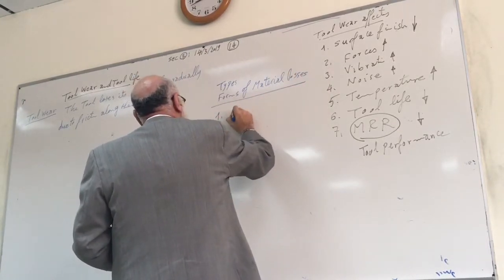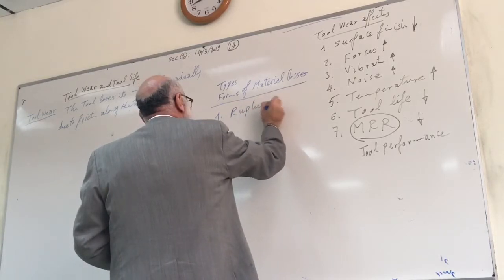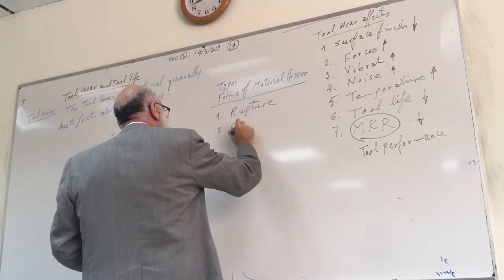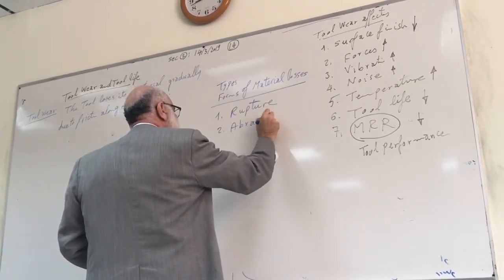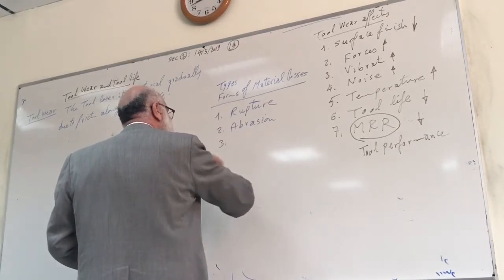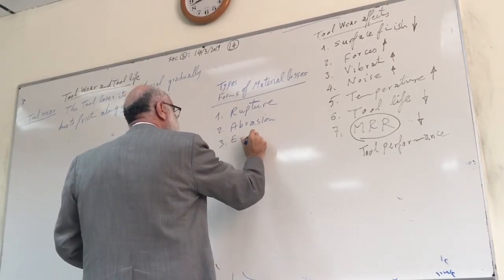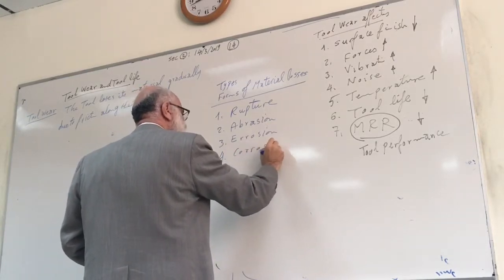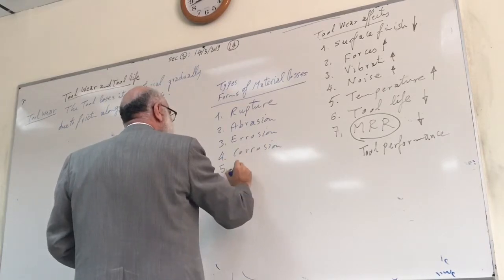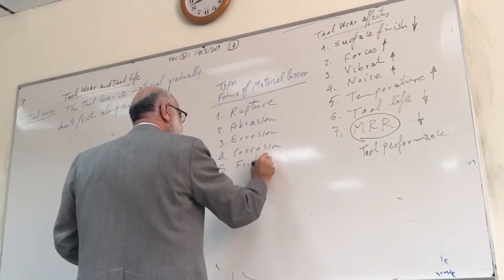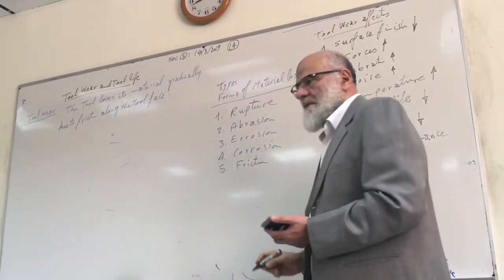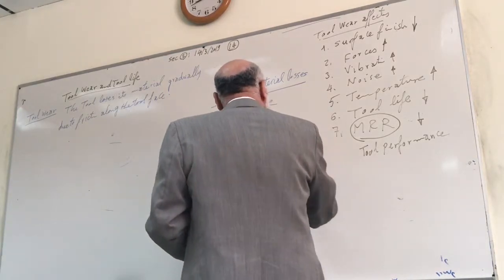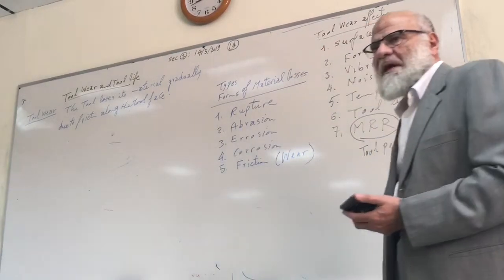Number one, either by mechanical rupture, or by abrasion, or by erosion, or by corrosion, or by friction. Losing a material by friction is called wear. The last one is wear, or gradual wear.